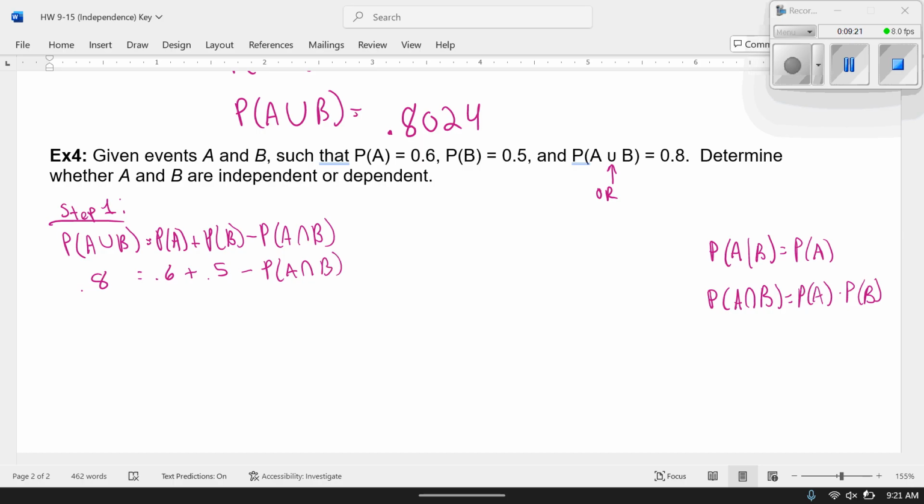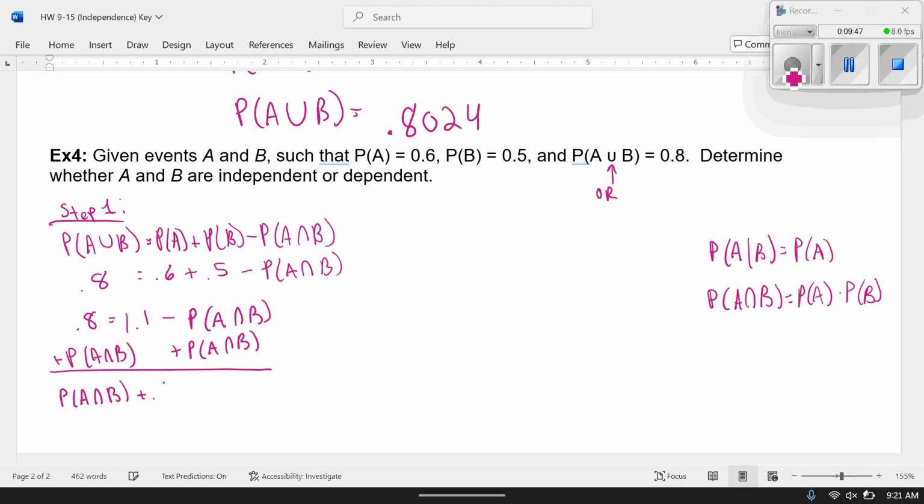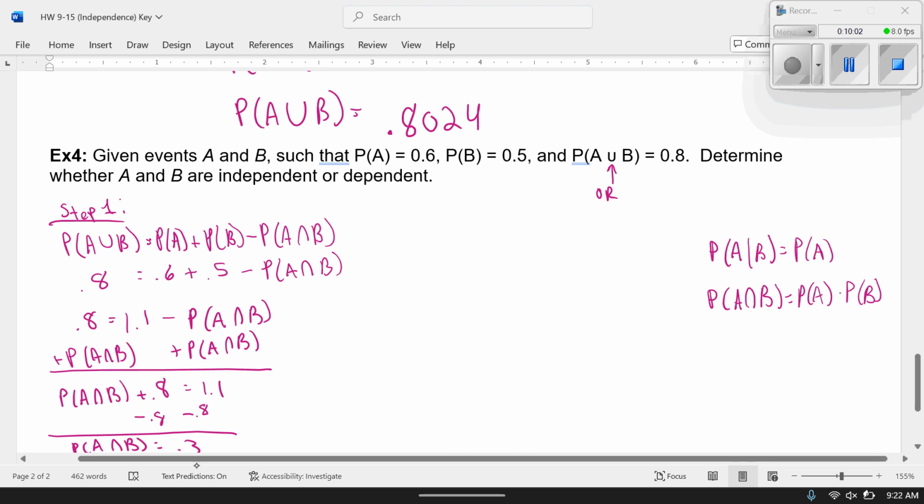You have 0.8 equals 1.1 minus P of A and B. I'm going to add probability of A and B to the other side, and I get probability of A and B plus 0.8 equals 1.1. I'm going to subtract 0.8. Probability of A and B equals 0.3. So the point is, now you know that the probability of A and B is 0.3.